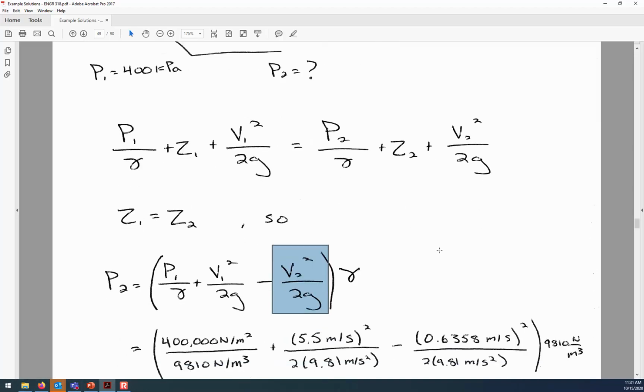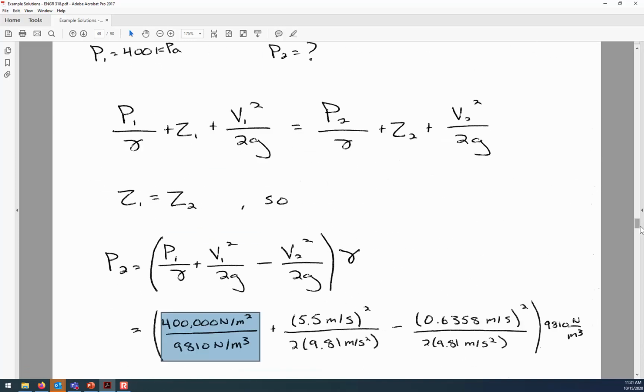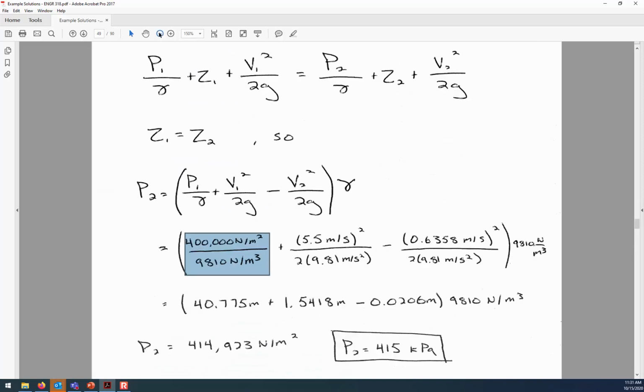We can do the substitutions now. So we've got the pressure at 1, the unit weight of the fluid, the velocity head at 1 minus the velocity head at 2. Oh, that's too far. So the pressure is 415 kilopascals at location 2. If you look at this, there's very little energy tied up as the velocity head at location 2.